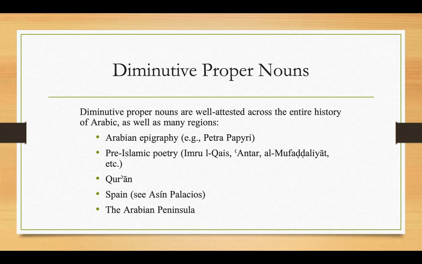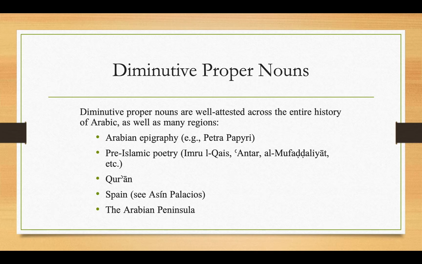So diminutive proper nouns are well attested across every type of proper noun, across the entire history of Arabic and across many regions. Starting from the 4th century in inscription data and in the Petra papyri, there are numerous diminutive proper nouns, diminutive place names.